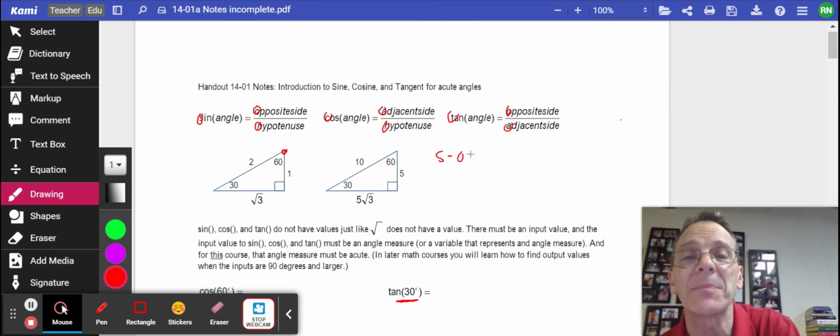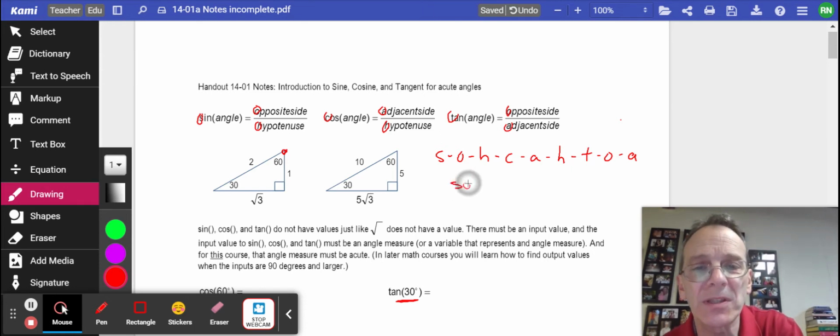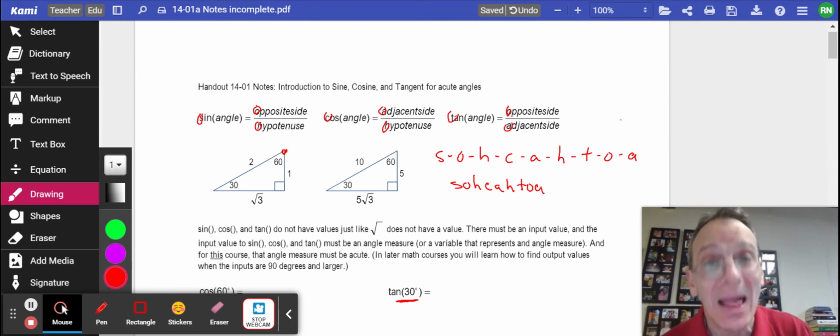And then we string all those letters together without the dashes, SOHCAHTOA. And that word is generally pronounced SOHCAHTOA. Okay. And everybody remembers how to say it, but you need to know how to spell it.